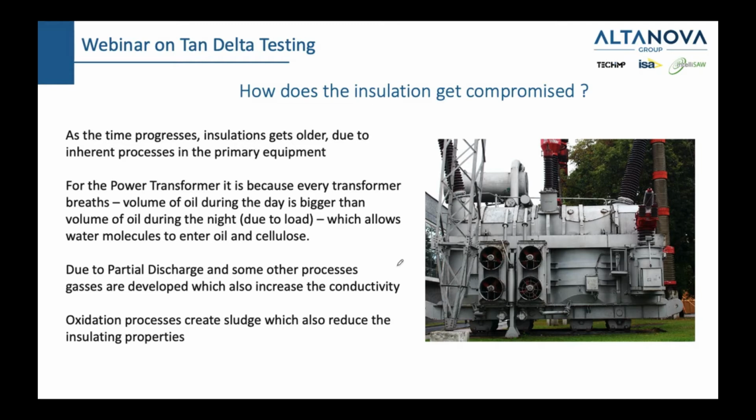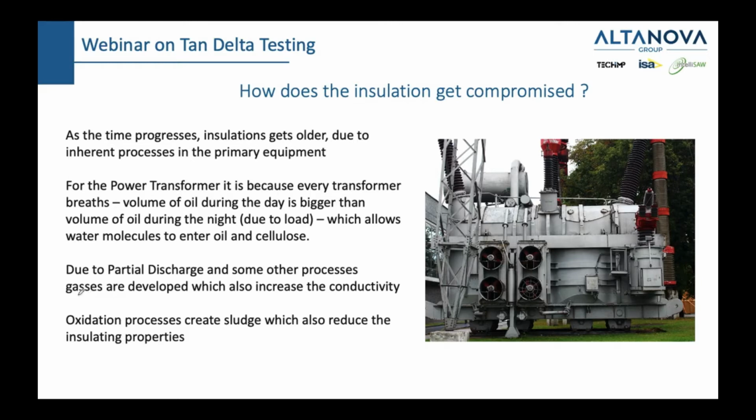Another reason how our insulation gets compromised is, let's say, partial discharge. So partial discharge inside the transformer is a process where we have small sparks, let's say between the high voltage and the low voltage, or maybe two windings, etc. And in this process, gases are developed.